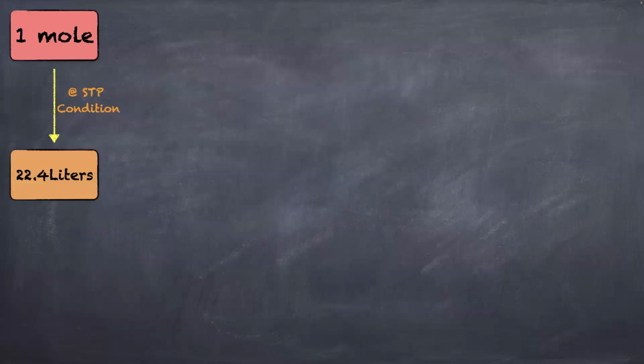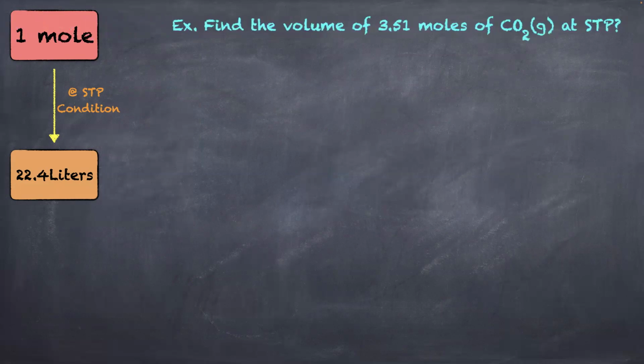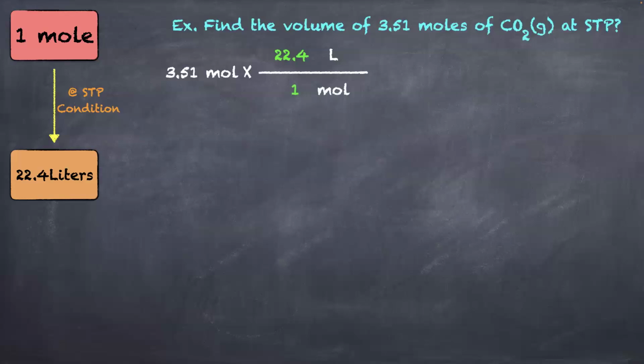Let's look at 2 examples here. First is asking us to find the volume of 3.51 moles of CO2 gas under STP. We know the moles and we want to go to liters, so it's one simple step. We start with the moles. Next step is to cancel the moles, so mole has to go at the bottom, liters at the top. Based on this chart, for every 1 mole of gas, the volume occupied is 22.4 liters under STP condition.